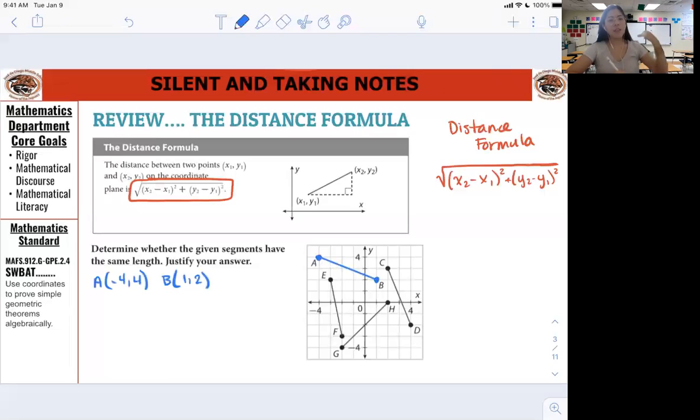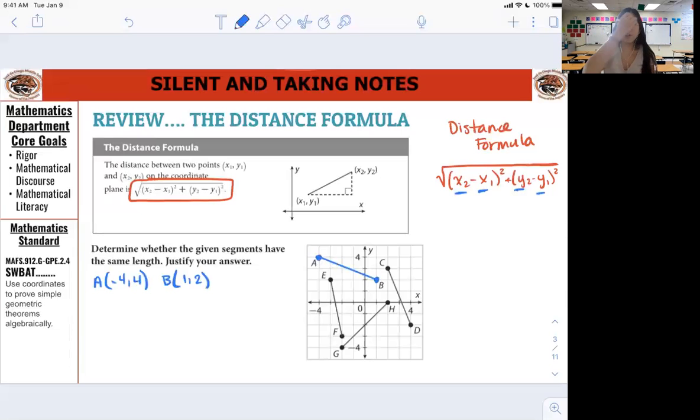Okay. Then we're going to put those values right into the formula exactly the way that it's written. So I'm going to just say A, and again, it doesn't matter. I could say A is my x1, y1, and B is my x2, y2. Or I could say A is my x2, y2, and B is my x1, y1.